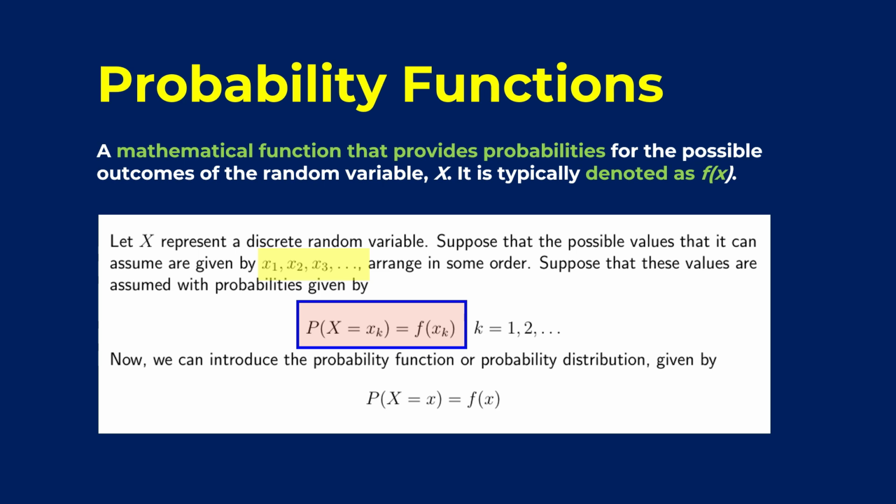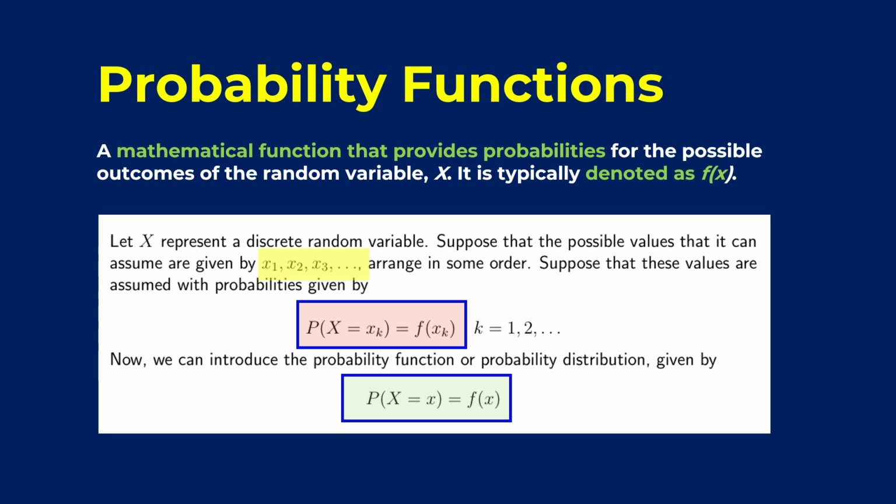Now we can introduce the probability function, which is also referred to as probability distribution, for any possible value x, such that the probability that the random variable is equal to x is equal to f of x.